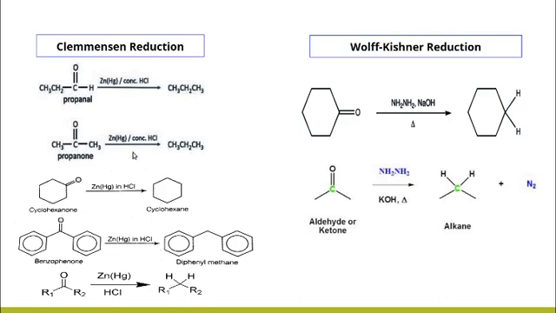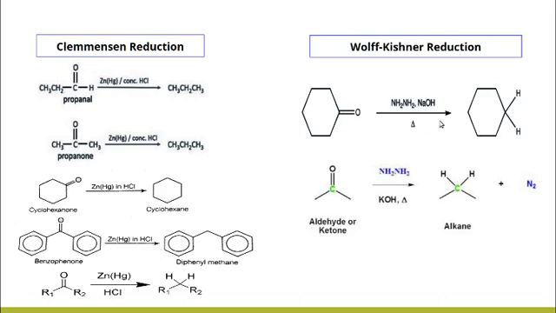So for example, here we have cyclohexanone, on reduction with zinc amalgam and HCl, that is on Clemmensen reduction, we will get cyclohexane. Here also we have cyclohexanone on treating with hydrazine and NaOH. That means by Wolff-Kishner reduction we get the same product, cyclohexane.